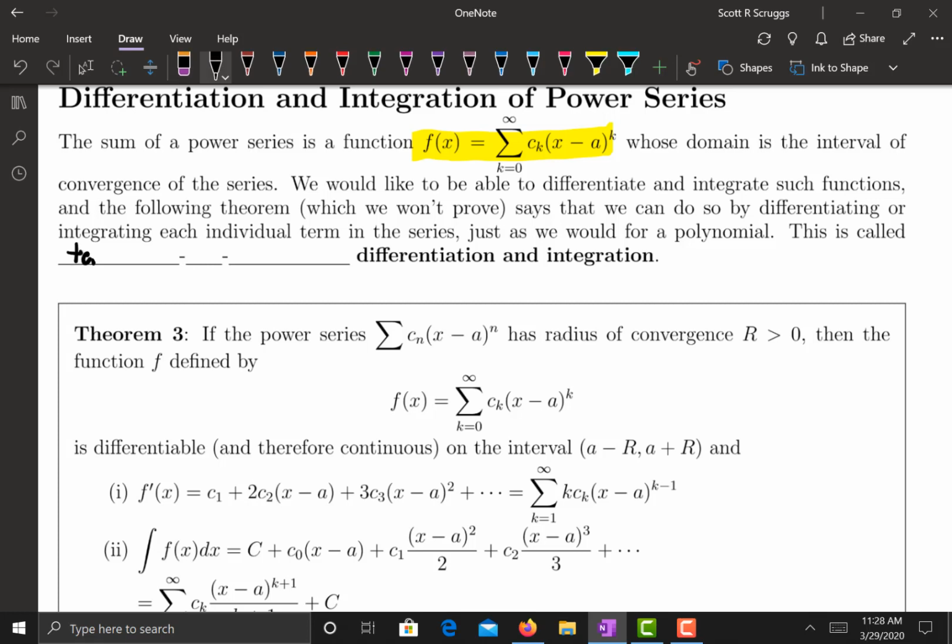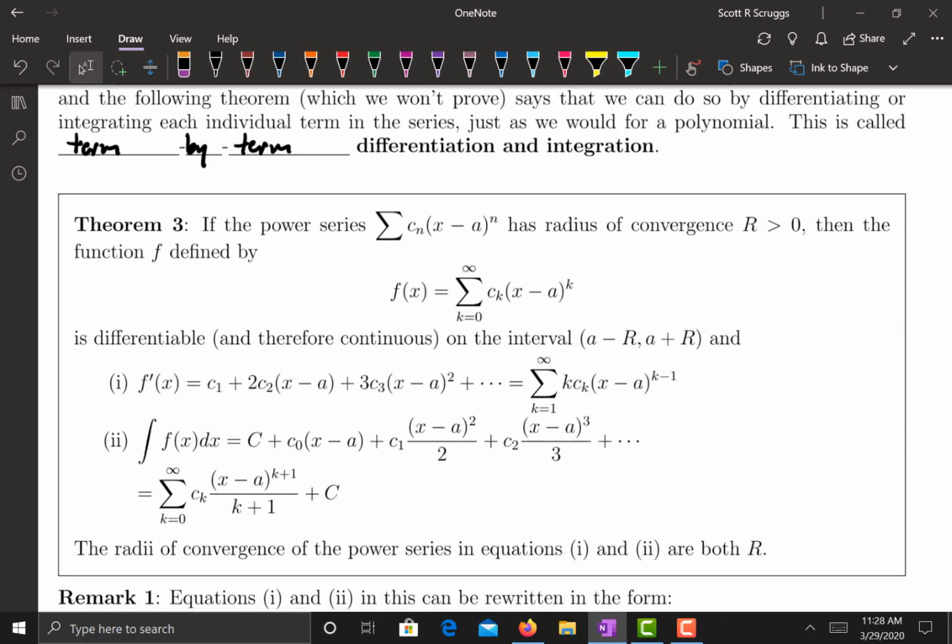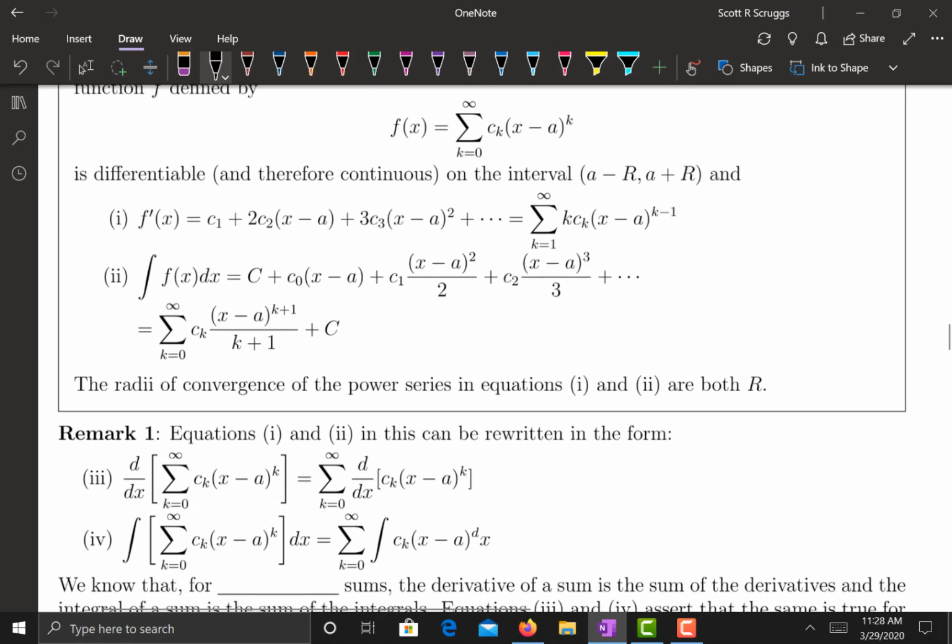So we're going to do a strategy called term by term differentiation and integration. And so what the theorem is, in a nutshell, saying is if I want to take the derivative of my power series of my function f of x, I can rewrite my function f of x as my power series.